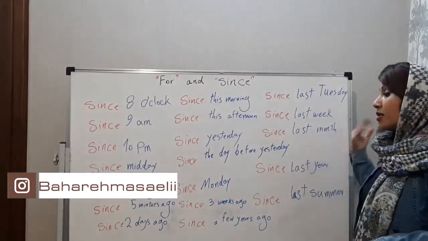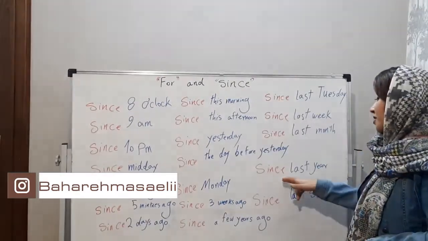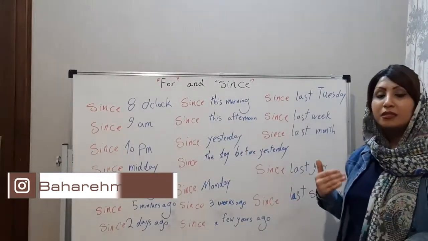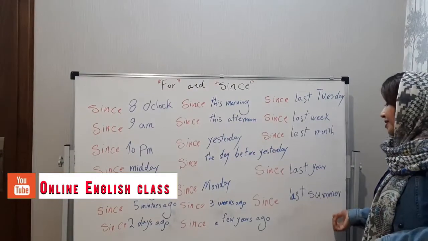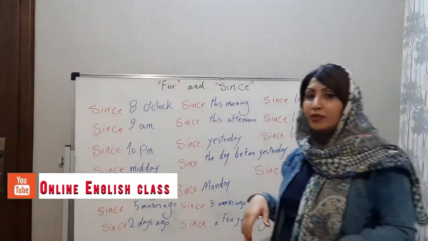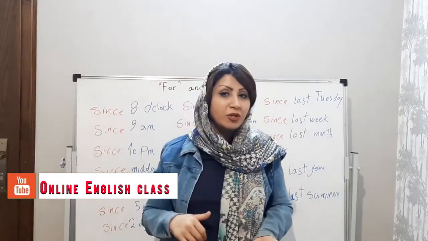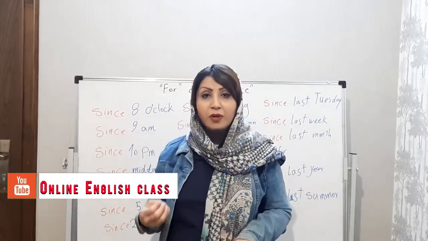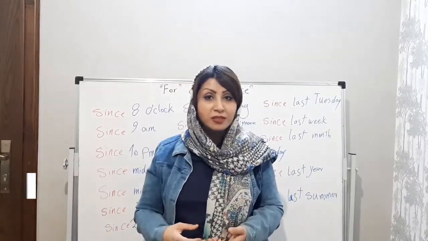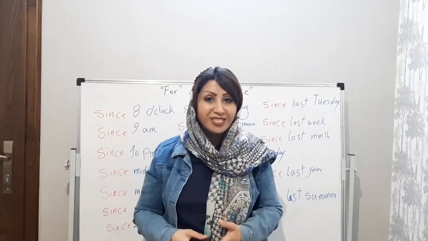Since last month. Since last year. Since last summer. Okay, summer is a season. Now, in the next part, I'm going to tell you more about since and write more examples that you can use with since.